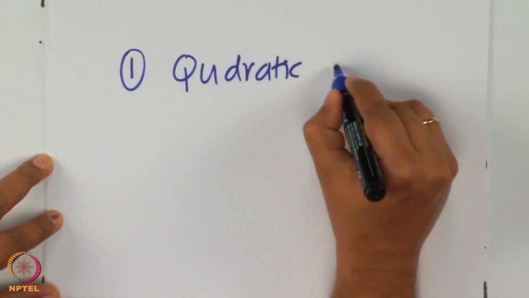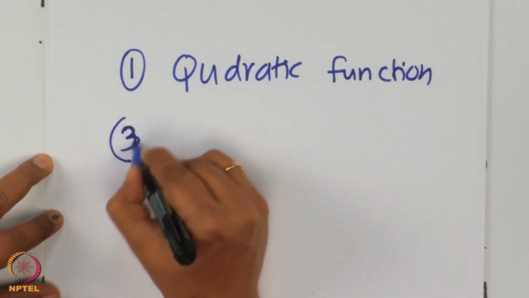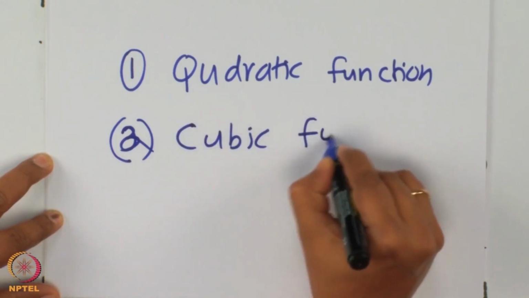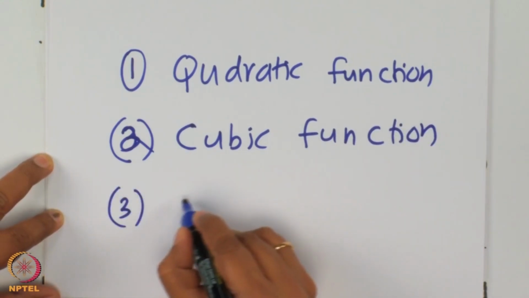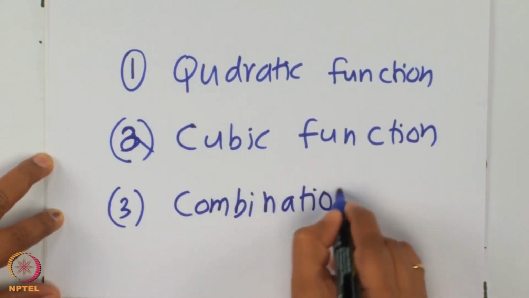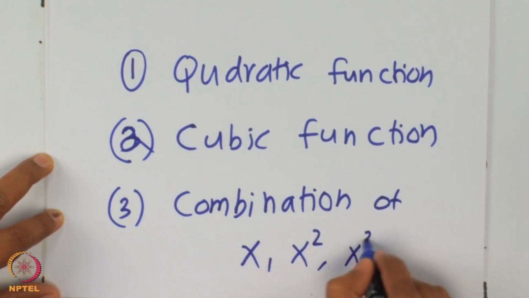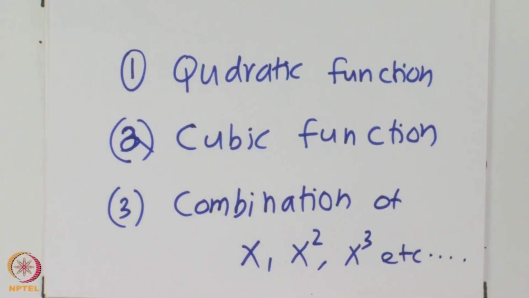Second, we learned the cubic function, and we briefly talked about combinations of x, x square, x cube, etc. And we will continue along this line, and we said that e power x can be written as a combination of these, which we briefly mentioned.